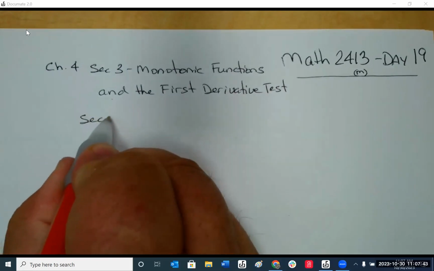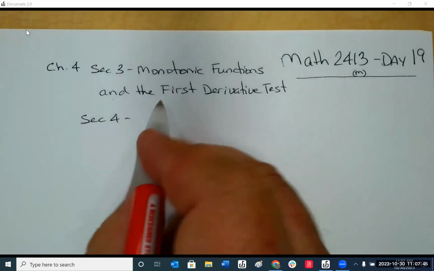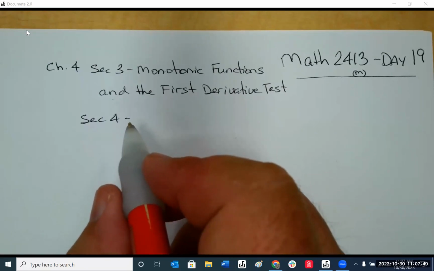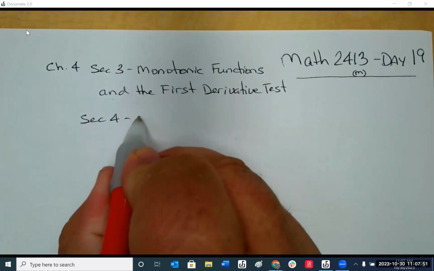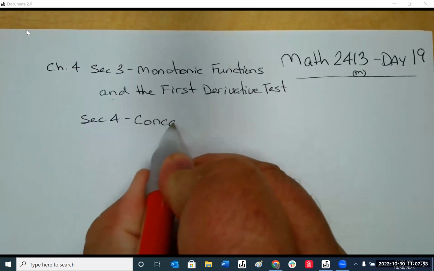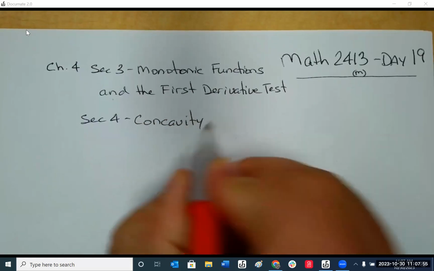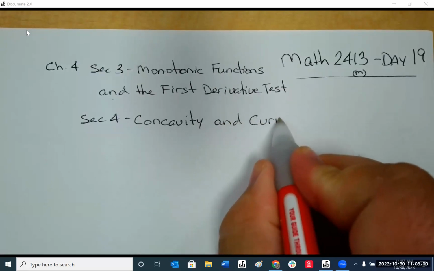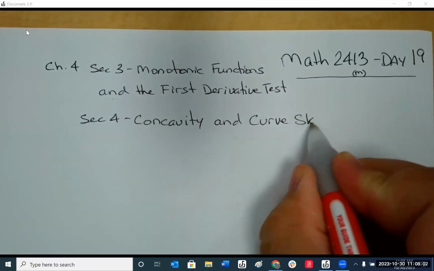Then we're going to discuss section 4, which is called concavity and curve sketching.